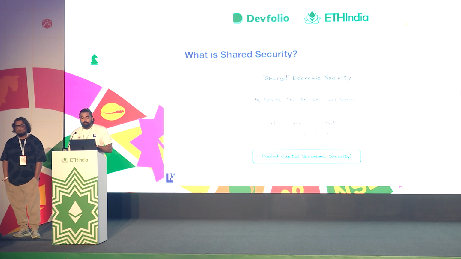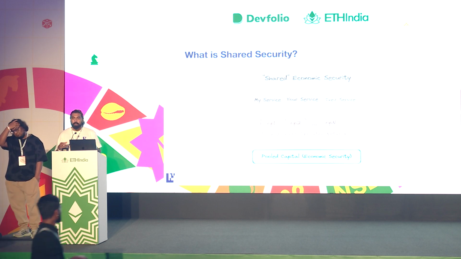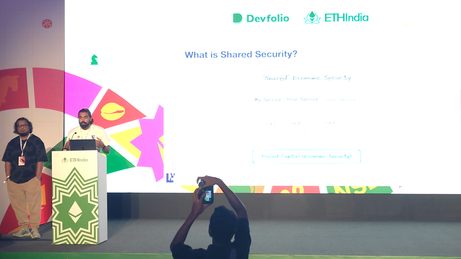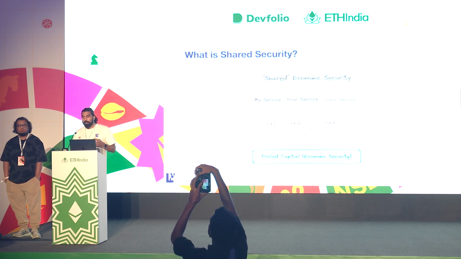And what is shared security, right? If every network, like every oracle or every bridge, were to bootstrap their own economic security, you would split up the capital, and it would be very inefficient. Like we have multiple layer ones today. Imagine they all shared security, then it would be a better system.